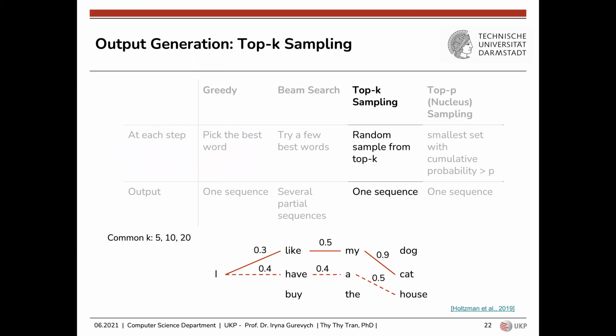So the first sampling method we consider is top-k sampling, which samples a word from the most likely k words. Sampling here means that the next token is randomly selected from the set of defined tokens according to its conditional probability distribution.